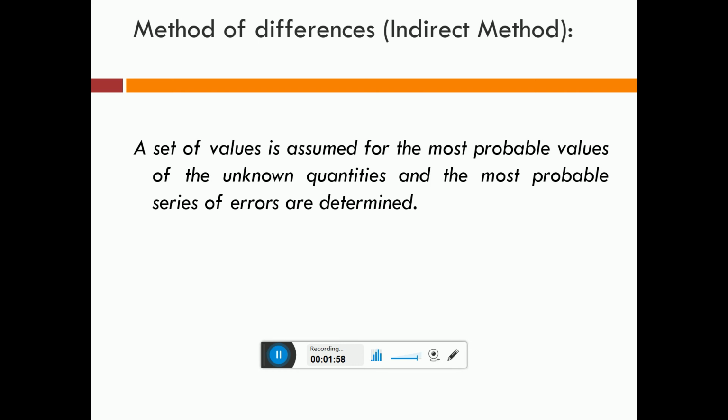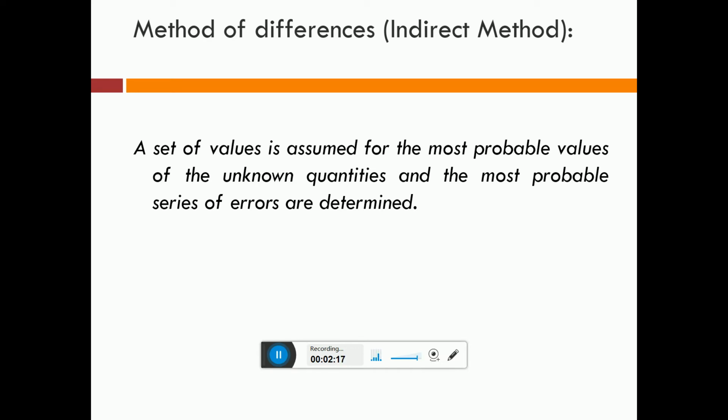What is this method of differences? In the method of differences, a set of values is assumed for the most probable values of the unknown quantities and the most probable series of errors is determined. Try to understand the statement.